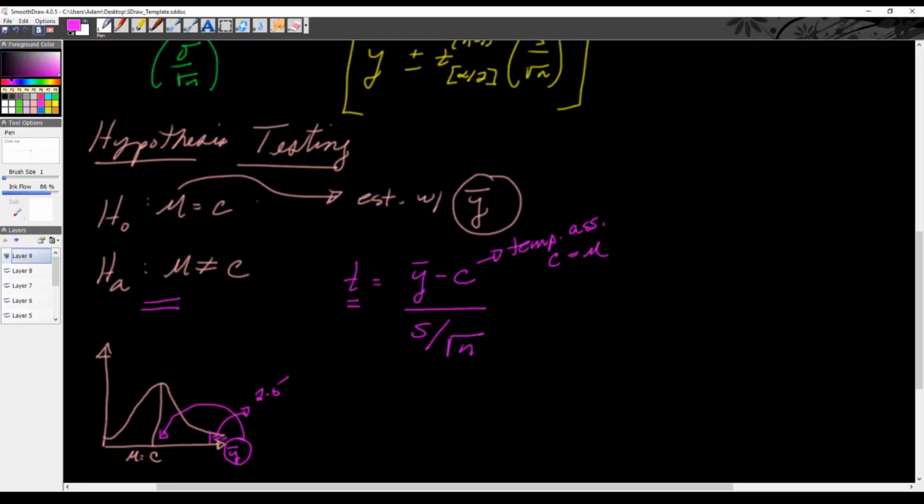So just because we get a very large sample statistic relative to the hypothesized value doesn't necessarily mean with 100% certainty that mu does not equal c. In other words, we don't accept the alternative, we just reject the null. We've got evidence that says that mu does not equal c. We're not saying that mu does equal c.